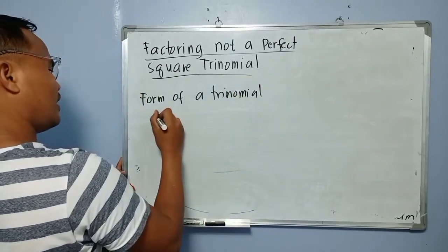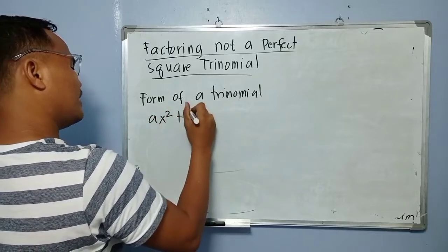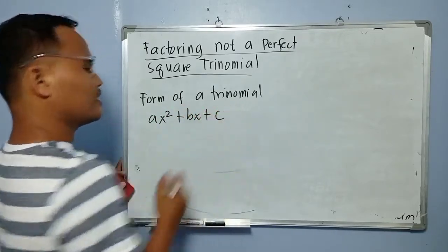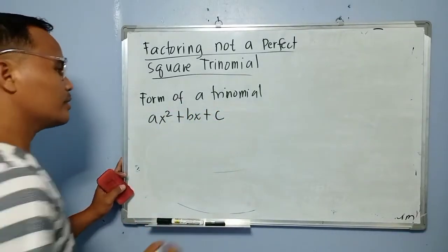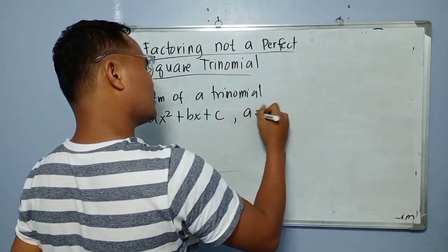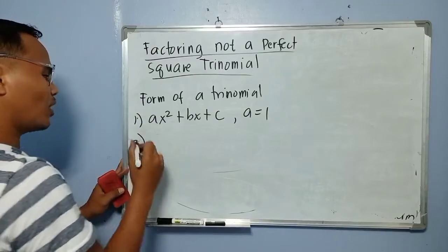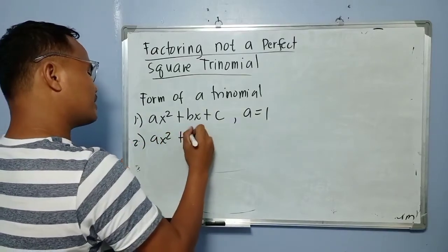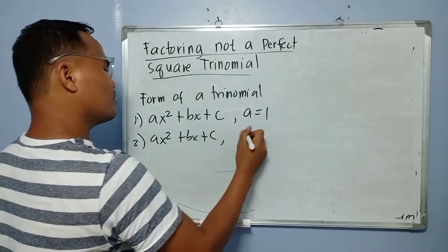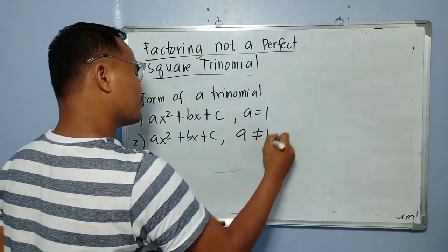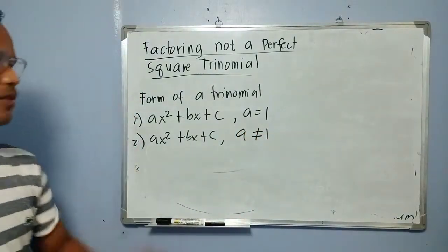We have ax squared plus bx plus c, where a is equal to 1. Then another form, we have ax squared plus bx plus c, where a is not equal to 1. So these are the two forms.